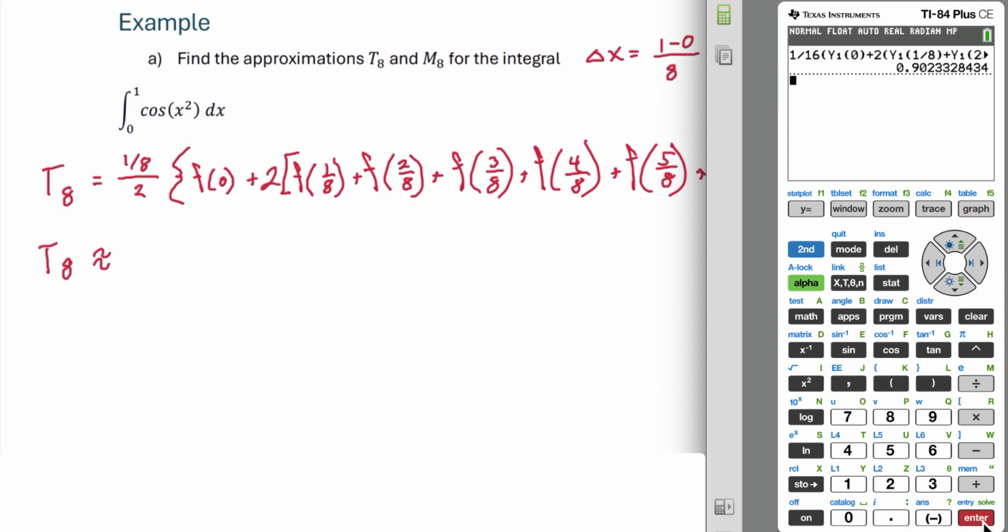After we enter this into the calculator, we get 0.90233. And I'll just stop it here for now.